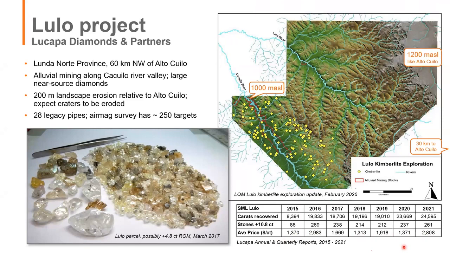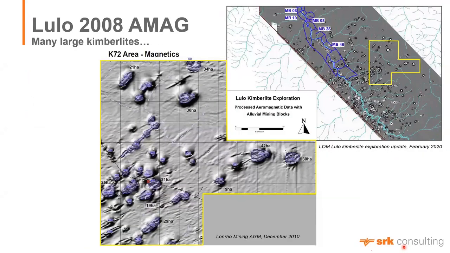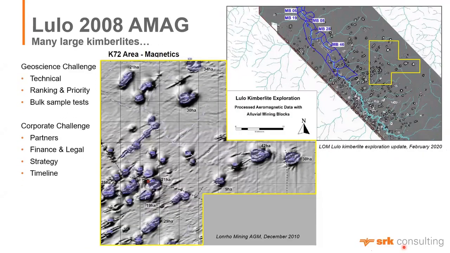Back to the geology, and in particular, the aeromagnetic survey from Lulo 2008. They did an air mag survey. There are many, many large kimberlites on this concession. Here's the strip that they chose to fly with detailed air mag.